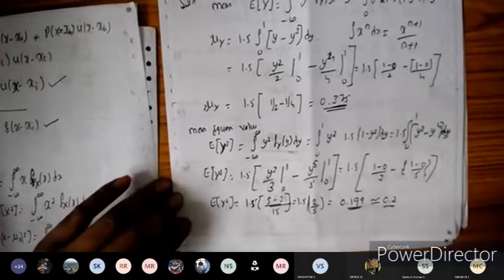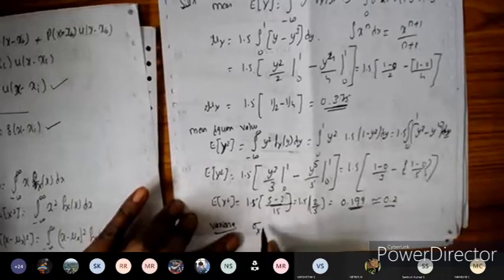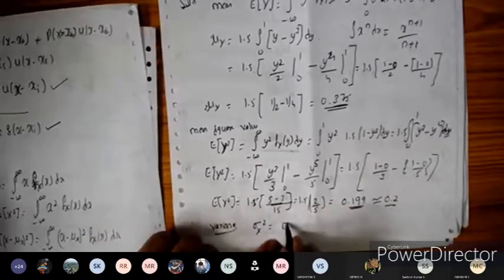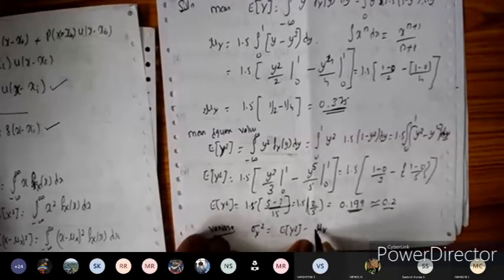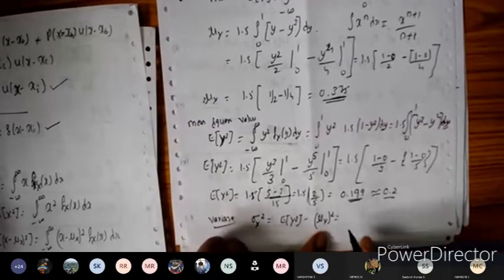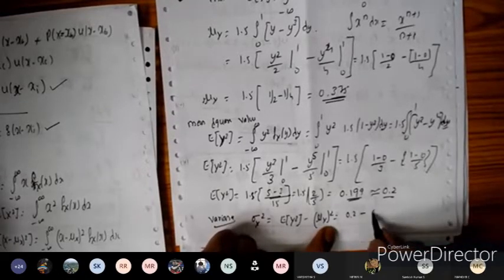Done, everyone? Yeah, very good. So the variance sigma y squared is nothing but the mean square value, that is the expected value of y squared, minus the square of the mean value. So it is 0.2 minus 0.375 the whole square.